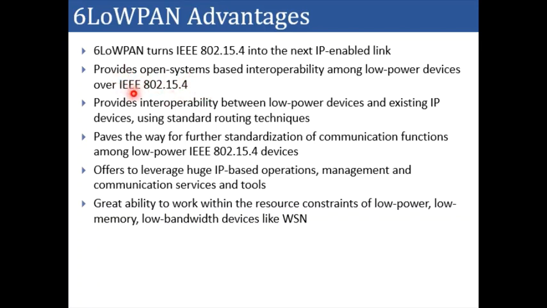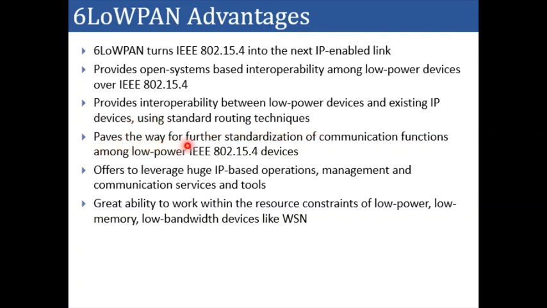That means IEEE 802.15.4 low power devices as well as full function devices on standard TCP/IP can coexist and exchange data with each other using the IP and the TCP or UDP layers available in the TCP/IP and 6LoWPAN network. It provides interoperability between low power devices and existing IP devices using standard routing techniques.